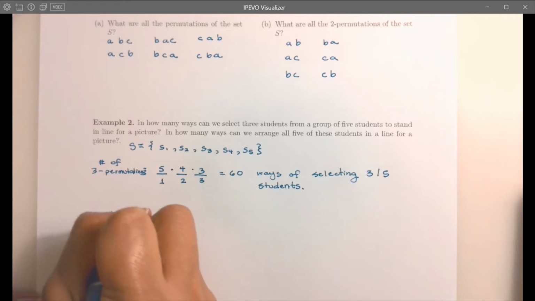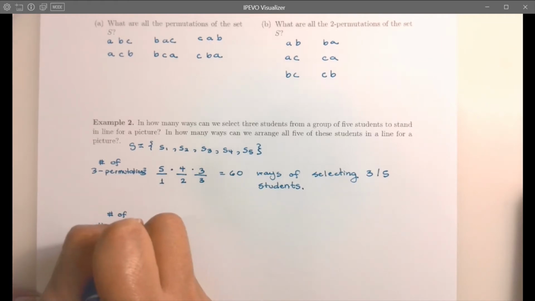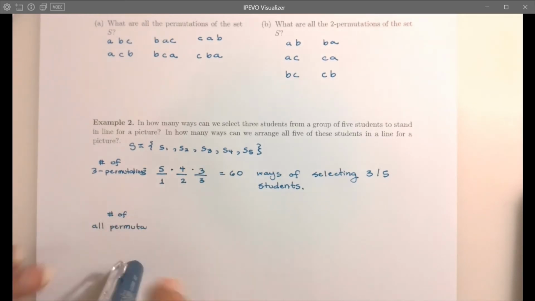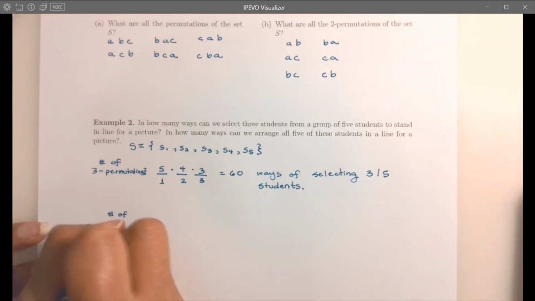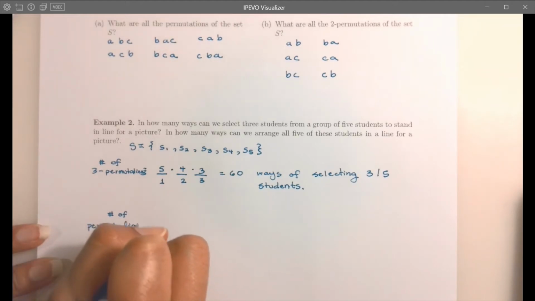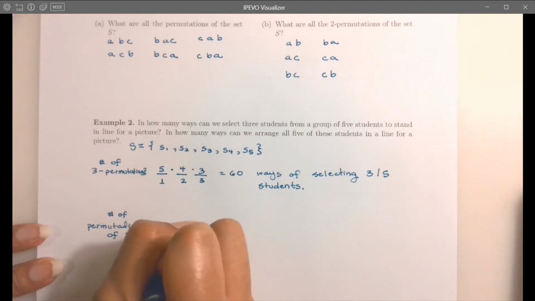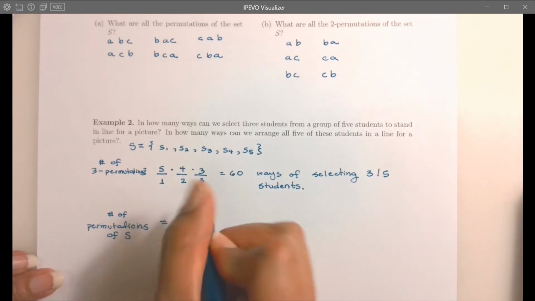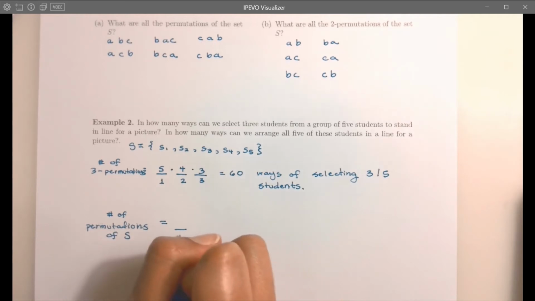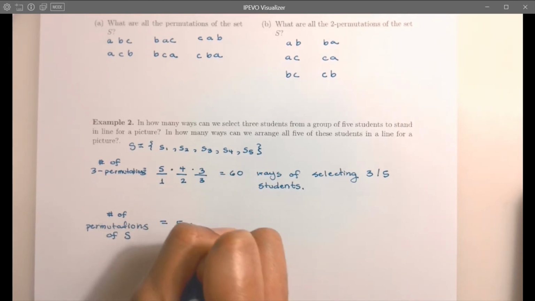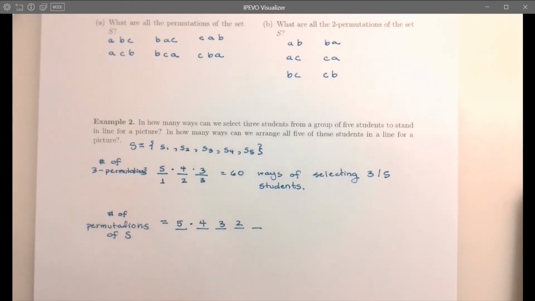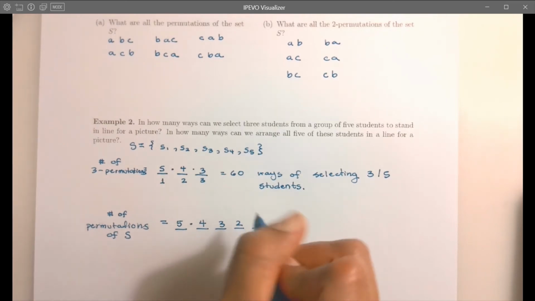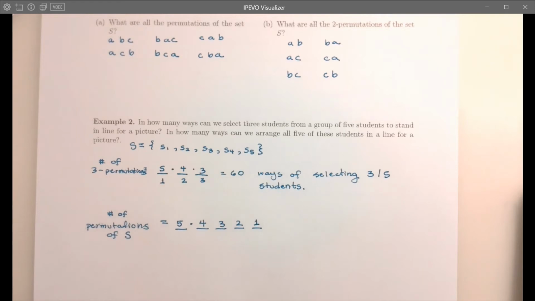So that would be just the number of all permutations of S. Okay, and again, applying that same principle, the product principle, for first place we would have 5 students, then for second place we would have 4, then 3, then 2, and by the time we get to the last place in the line, there's only 1 student left who can occupy it, so there's only 1 choice.